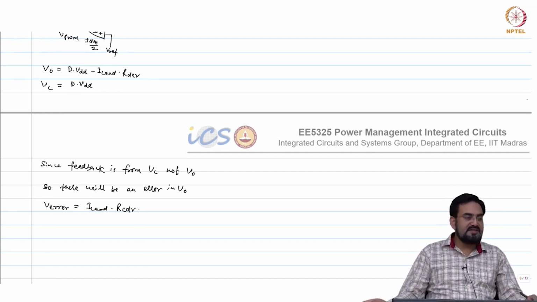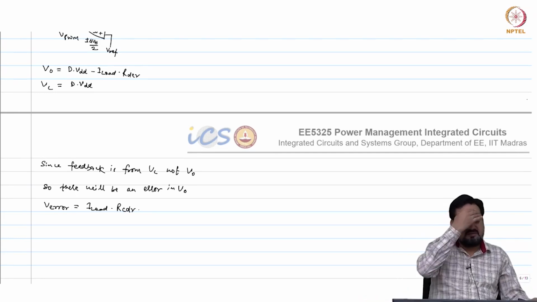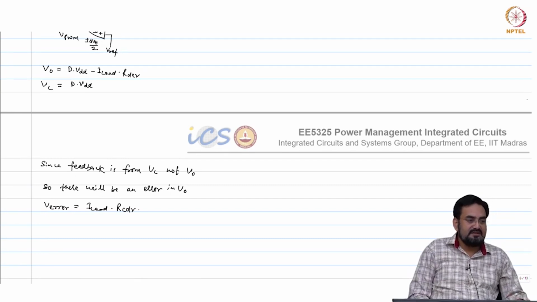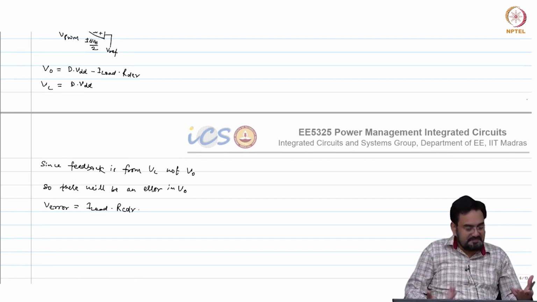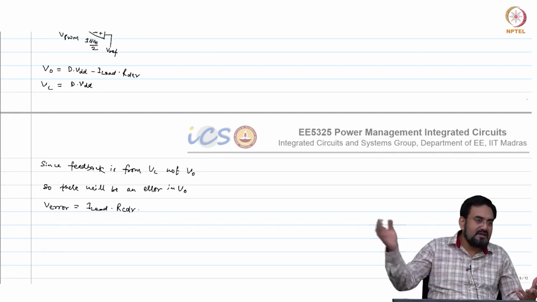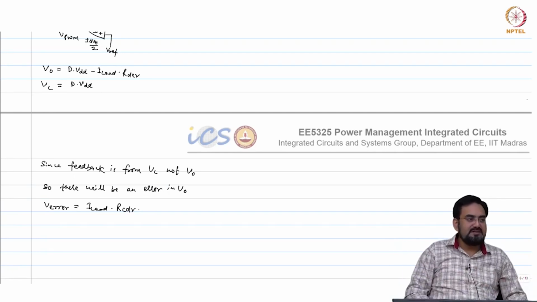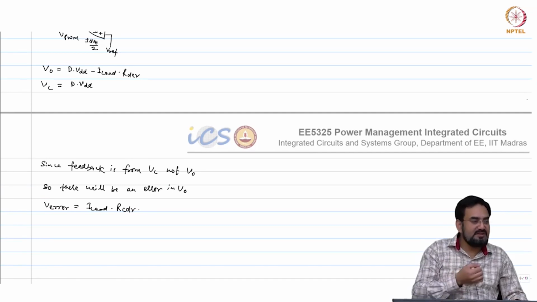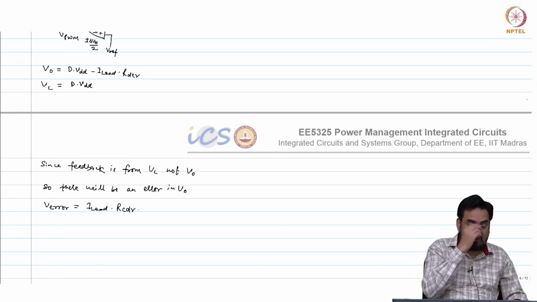Which means in order to make this error 0, your load should be 0 or RDCR should be 0. If RDCR is not very significant, or the value you have and the load current you have give an IR drop that keeps you within your accuracy limit, then you can live with it, otherwise it will not work.